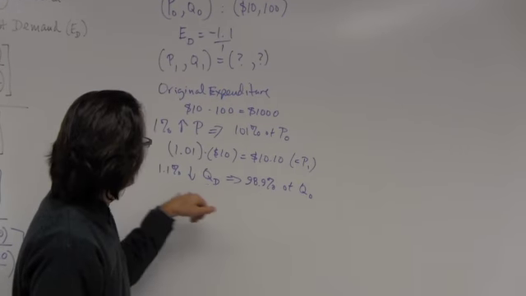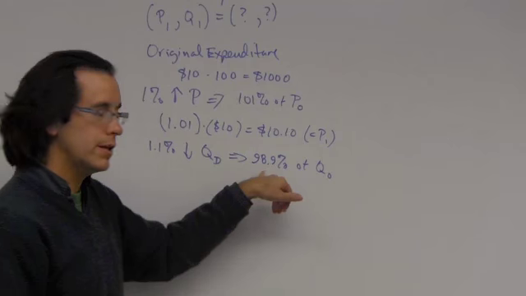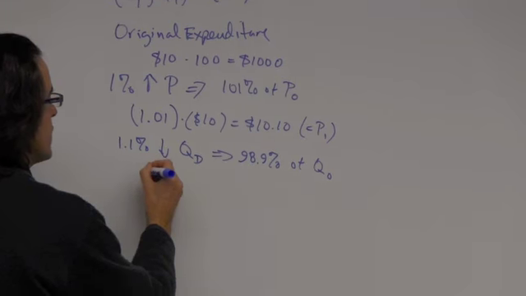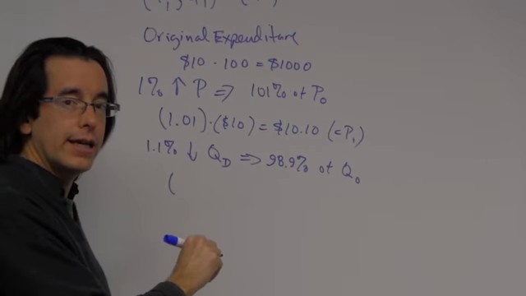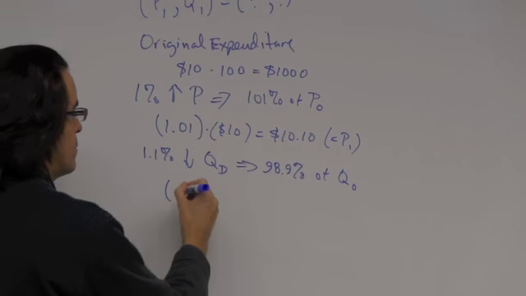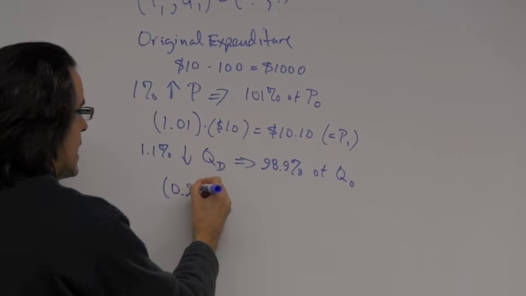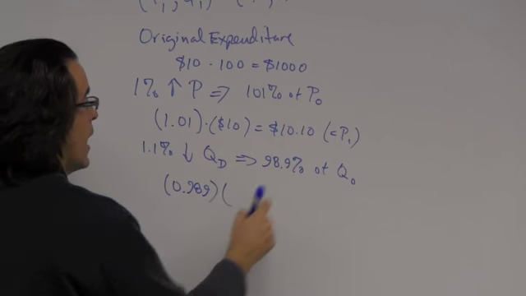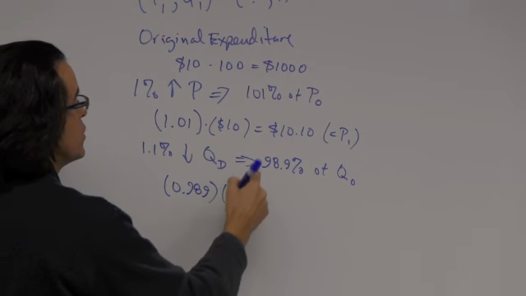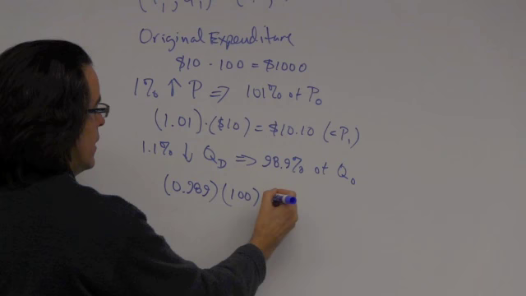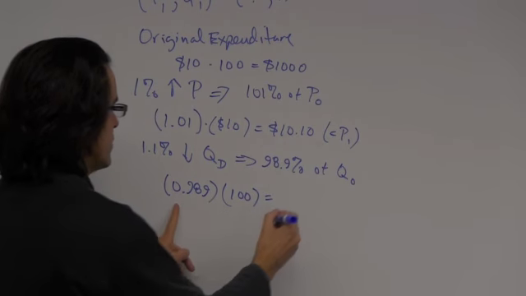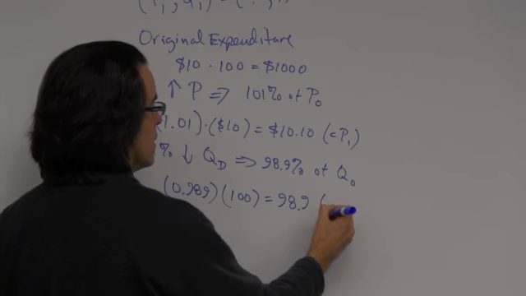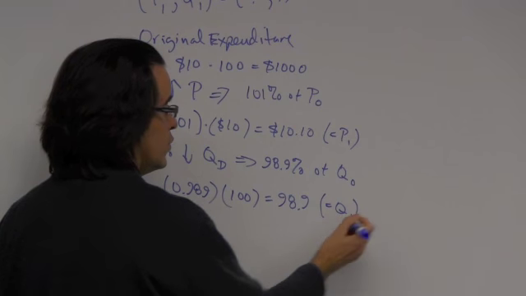That's just 100% minus 1.1% gives us 98.9%. So, again translating the percentage into a numerical term, 98.9% is the same thing as 0.989 times the original quantity, which was 100. And so our new quantity is going to be 98.9 units, and that equals our Q1.